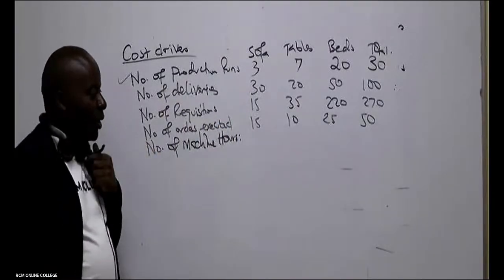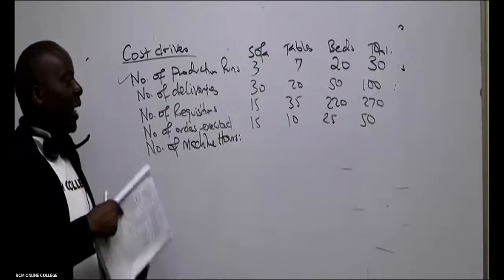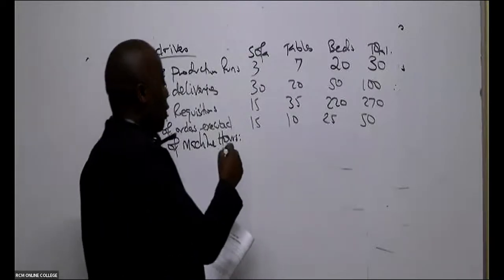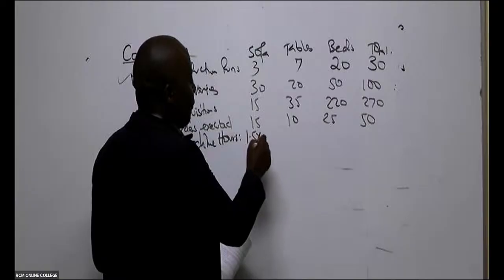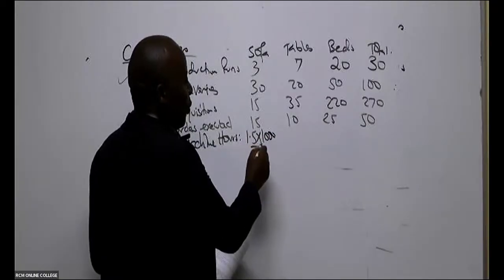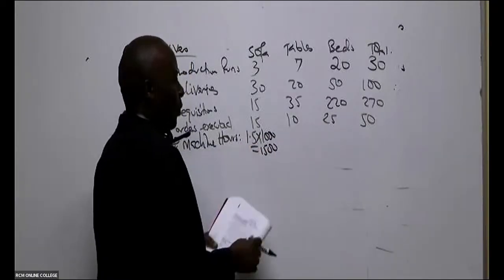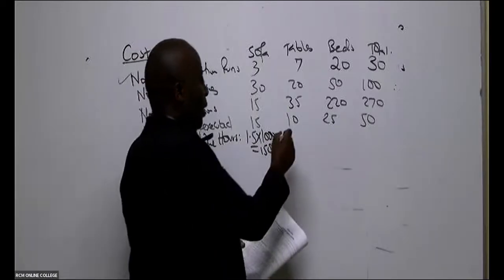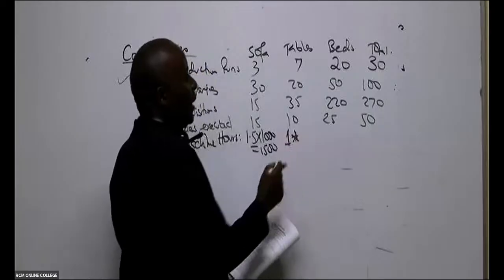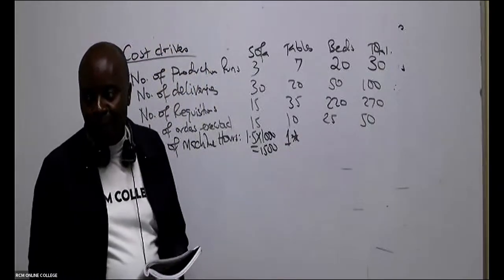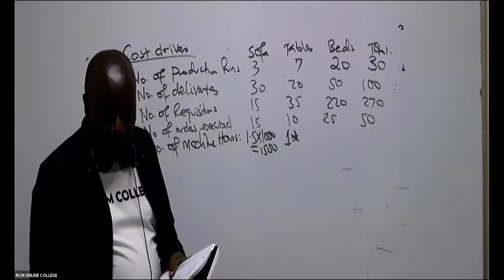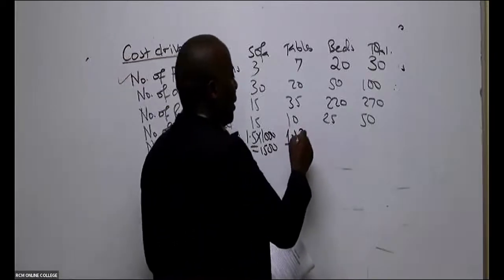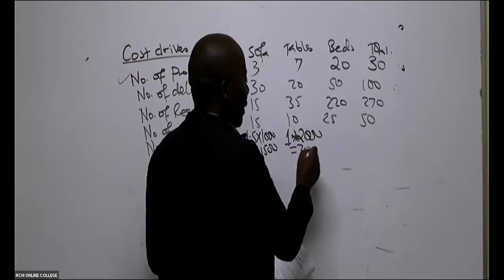But the others, like these machine hours, I can see 1.5 per unit, so times 1,000, which is 1,500. For tables, machine hours per unit is 1, times how many tables are we going to produce? 2,000, isn't it? So this will give us 2,000.